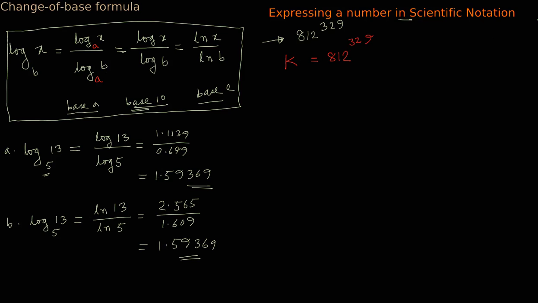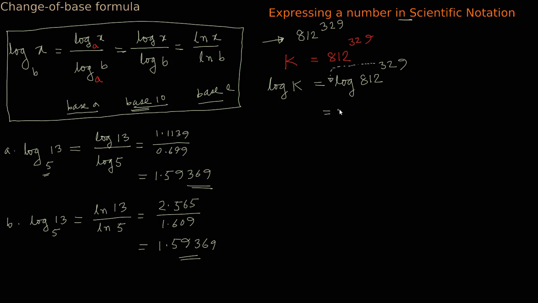Now what I am going to do is take the logarithm on both sides. So I am going to write logarithm of k, this is my common logarithm on both sides, and logarithm of 812 power 329. Now see what I have is 812 power 329, so that power 329 can come in front of my logarithm.